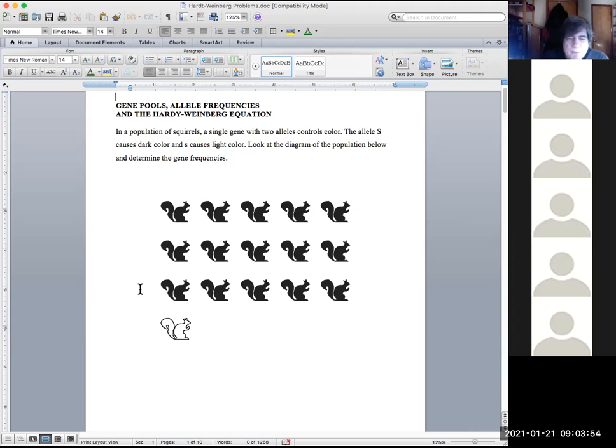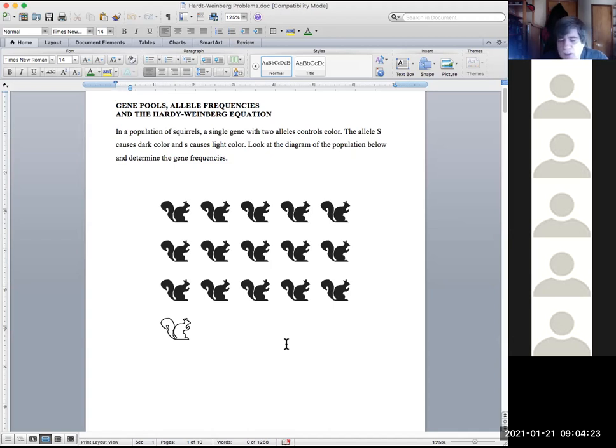So here we have a population of squirrels, and we have a dominant allele, big S, that causes dark colored fur. We have a recessive allele, little s, that causes light color. So if we look at this population, if we're actually seeing individuals in the population, and sometimes we'll just be given the statistics that resulted from someone else seeing the population.